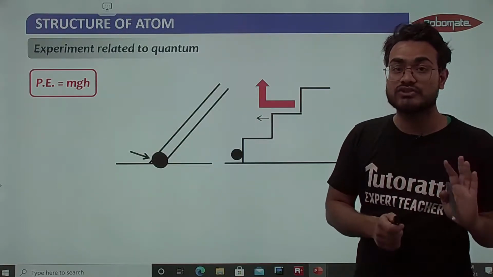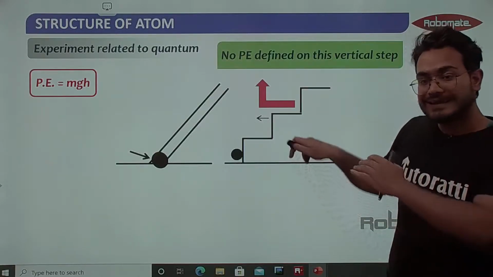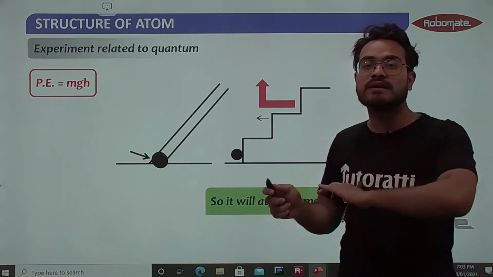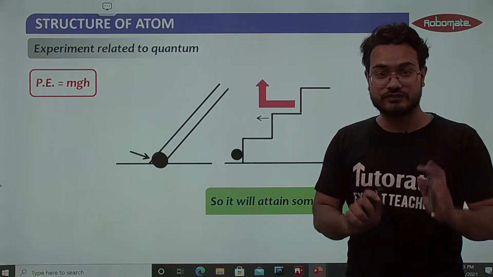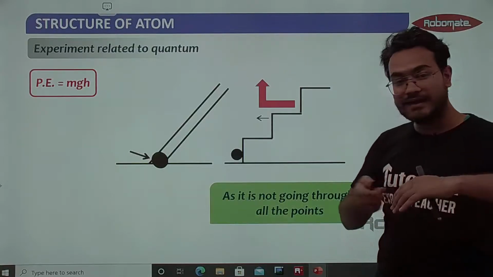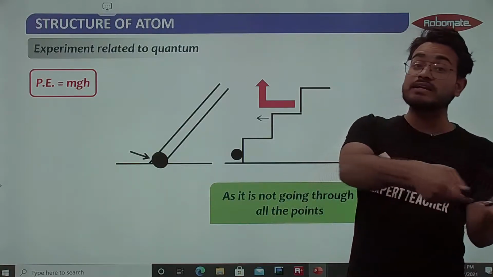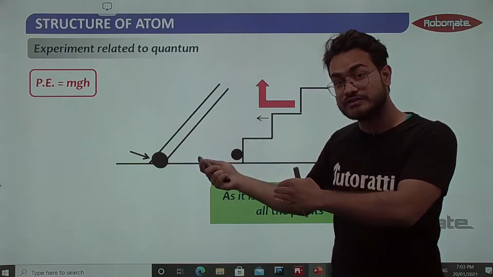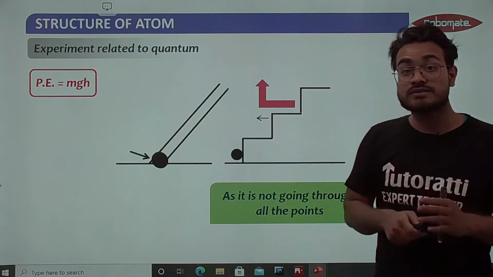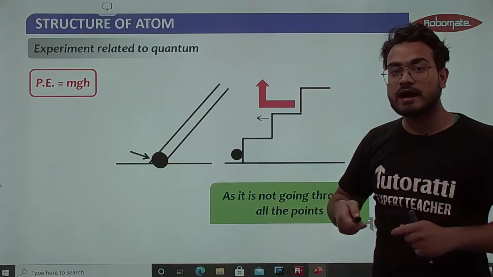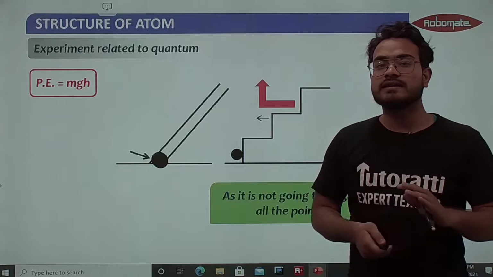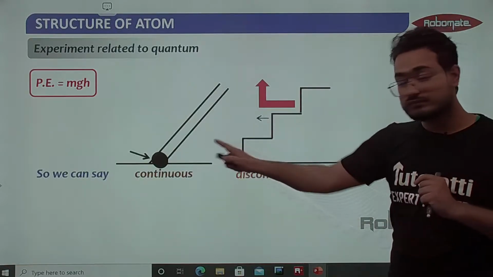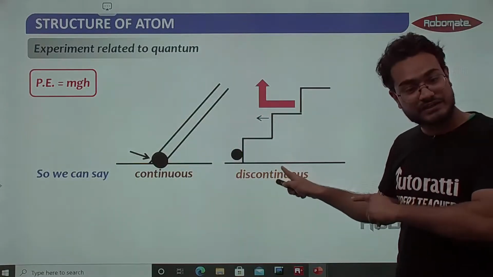That is why by this experiment I can say that the potential energy at some values cannot be achieved, so energy is discontinuous in a manner. Here the energy was discontinuous, and Max Planck also told us that energy can be discontinuous. This is continuous, this is discontinuous.